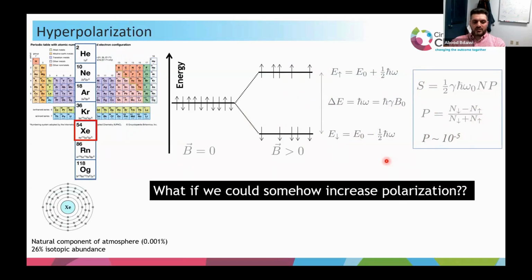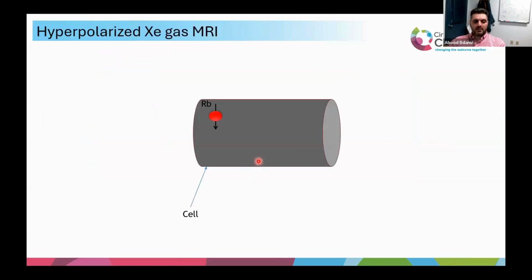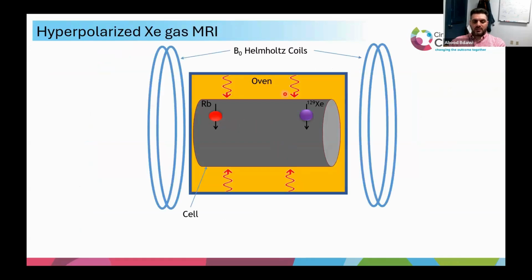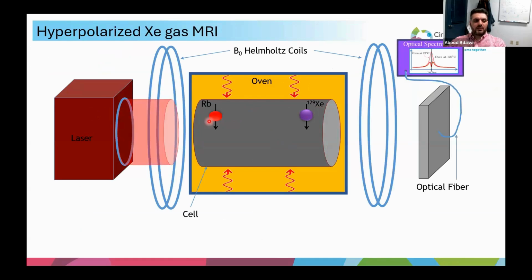However, what if we could somehow increase the polarization? That's the hyperpolarization process, which is the process of creating a non-equilibrium spin polarization. So how do we do that? Basically, we add the xenon inside a cell with rubidium, inside an oven, inside a small magnetic field, and then use a laser to deliver the angular momentum to polarize the rubidium first, in a process called optical pumping.